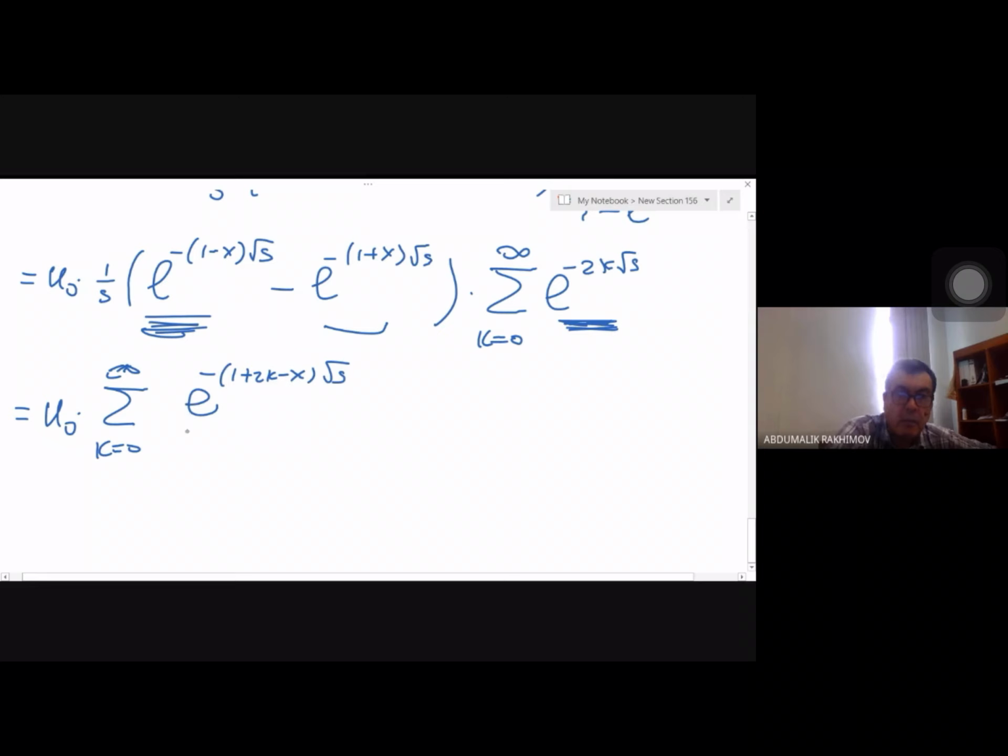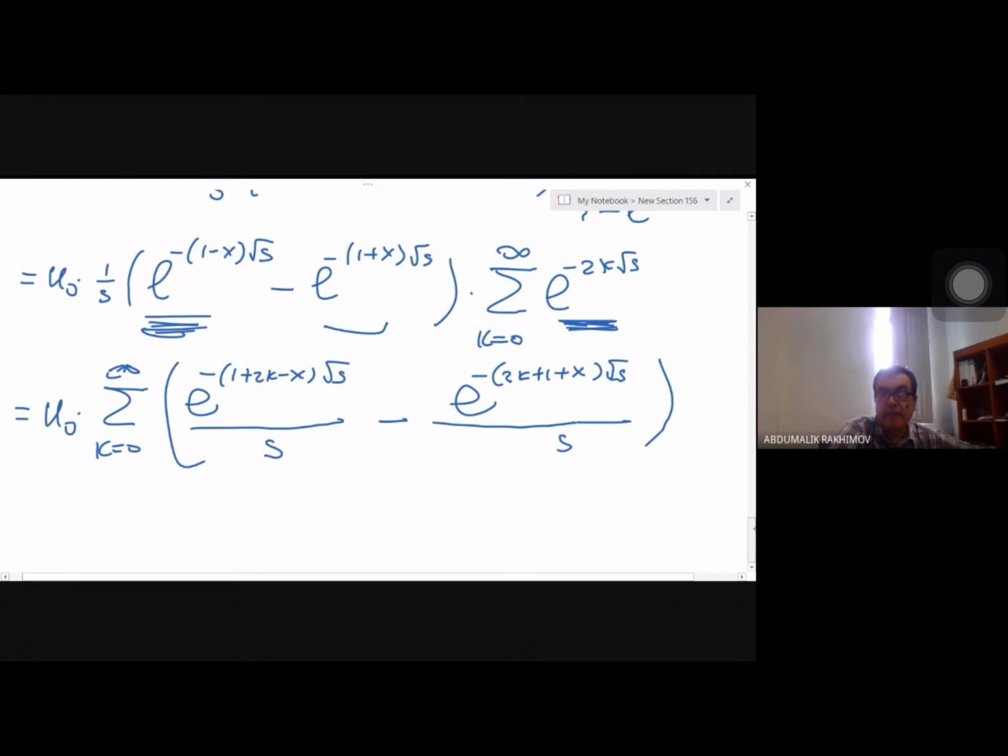Clear? This times this. Then minus, now I multiply the other exponential: exponential of minus (2k plus 1 plus x) root of s, over s. So now you see, I can use this formula.